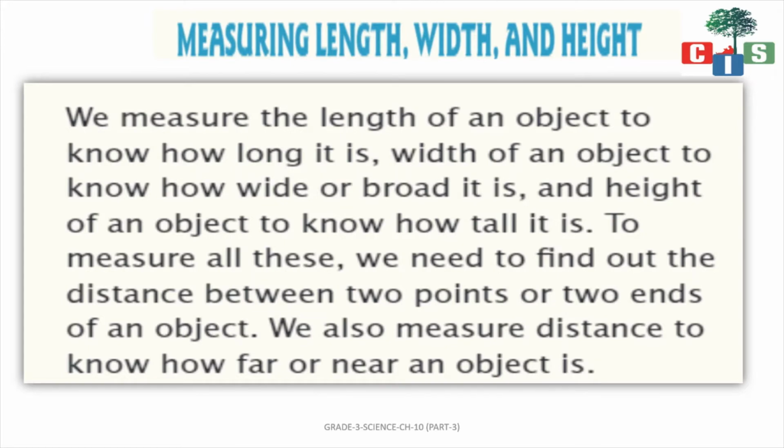Okay, so we have an object. We need to measure the length of the object, the width of the object and the height of the object. Let us see what length, width and height are, one by one. We measure the length of an object to know how long it is.